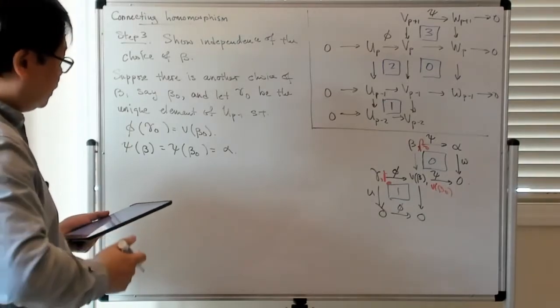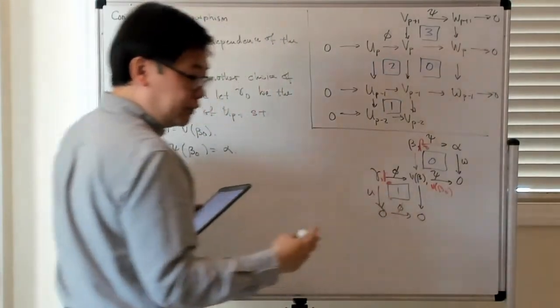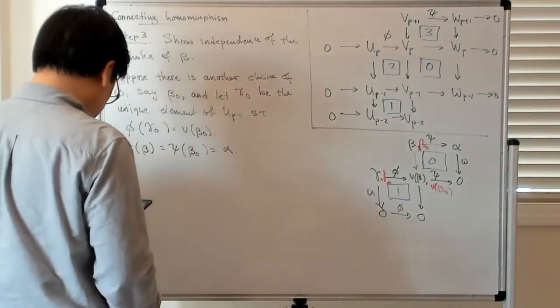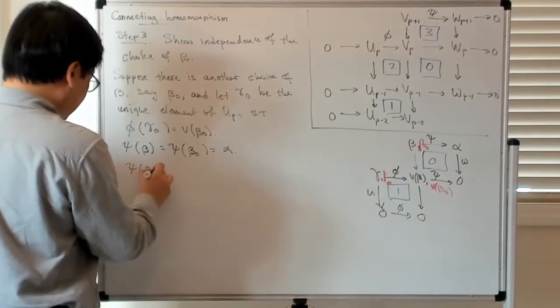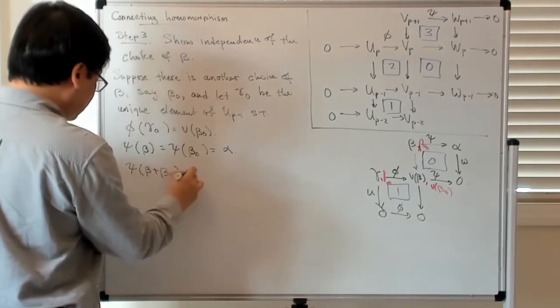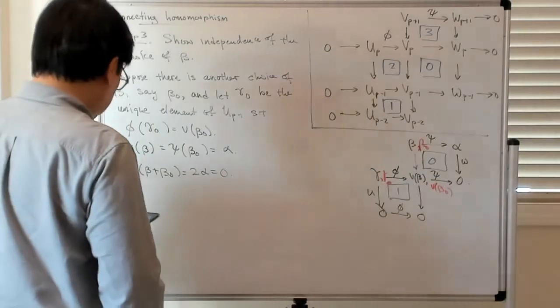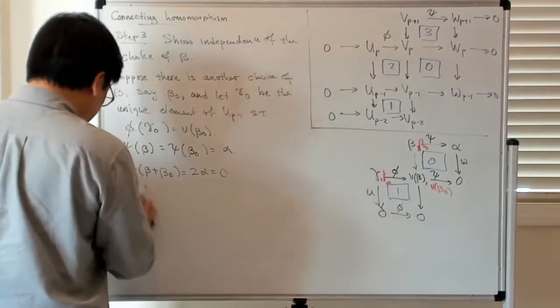When you have Z2 coefficients and you add two of the same thing together, they go to 0. So phi of beta plus beta 0 is just 2 alpha, which is 0.